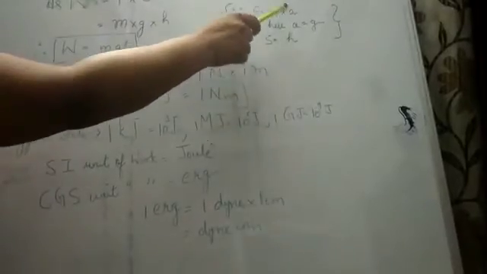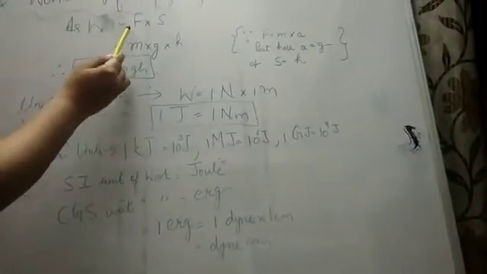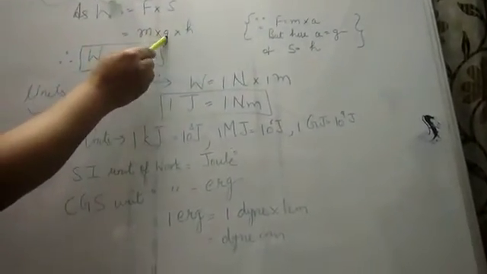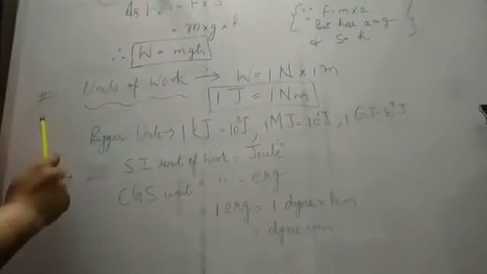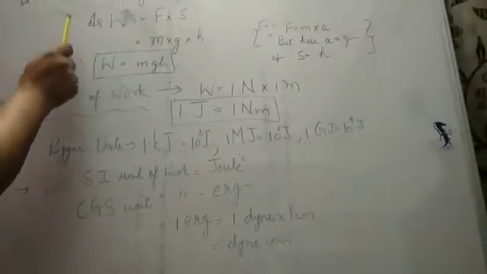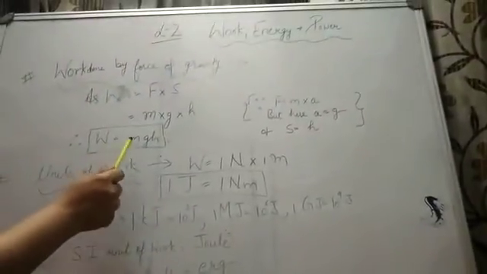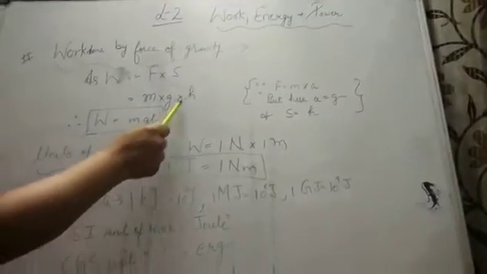So by putting these things in the formula, force will become m into g and displacement will become height. Understood? So the new formula to calculate work done by the force of gravity will be m into g into h. So W will be equal to mgh.